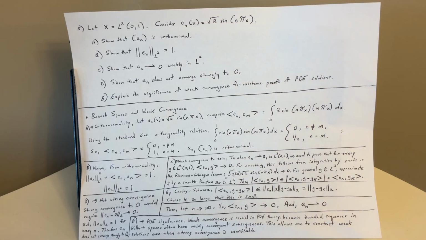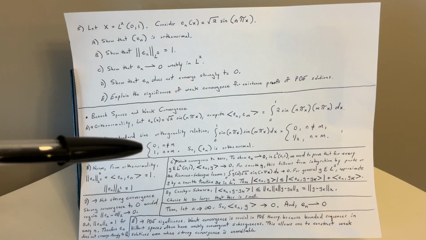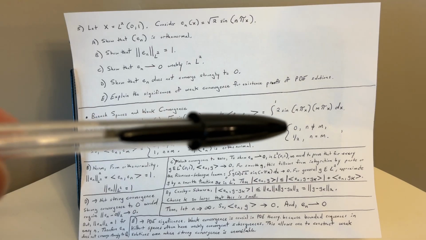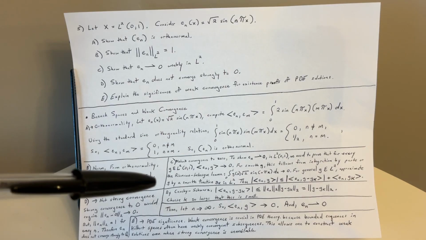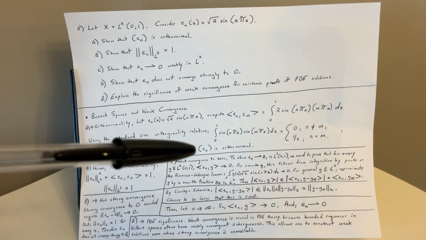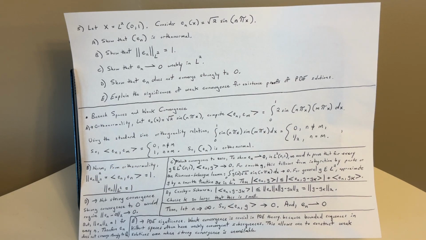So that inner product equals that piecewise that we were given here. And so e_n is orthonormal.